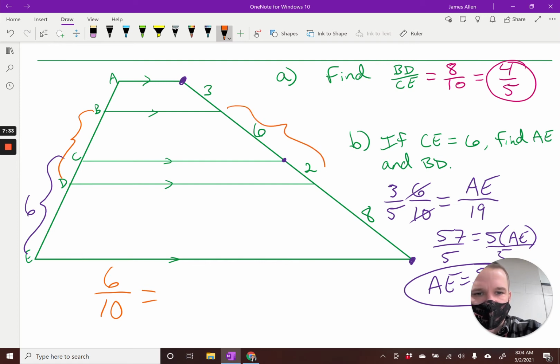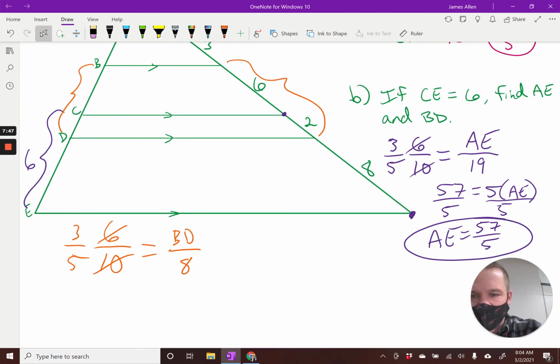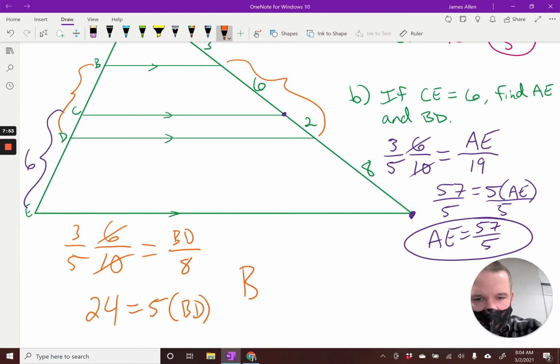I'm going to compare it to what we have across from it, cut by those parallel lines. I'm going to have BD over 8. We'll simplify this down to 3 over 5. And I'm going to end up with 24 equals 5 times BD. So BD equals 24 over 5.